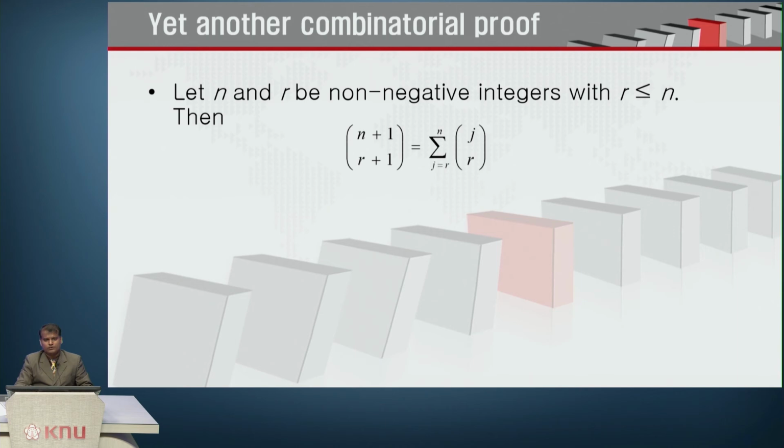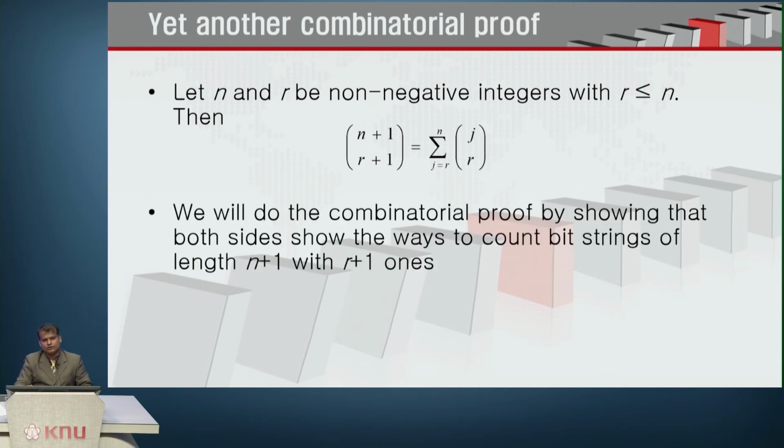Then n plus 1 choose r plus 1 equals the summation j equals r to n of j choose r. We can see that we have a combinatorial proof by showing both sides count the bit strings of length n plus 1 containing r plus 1 ones.